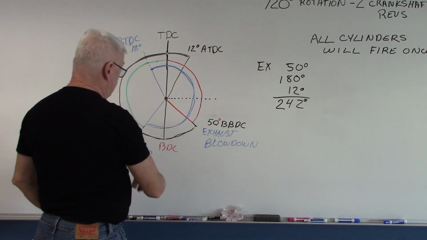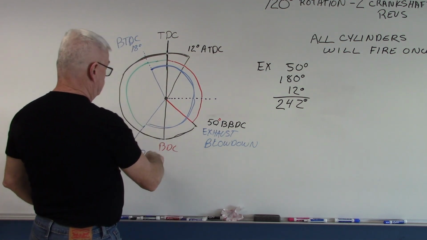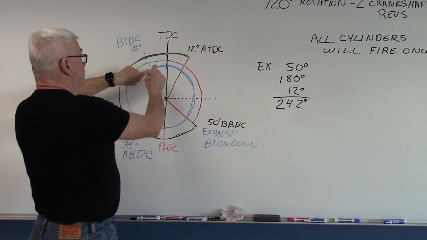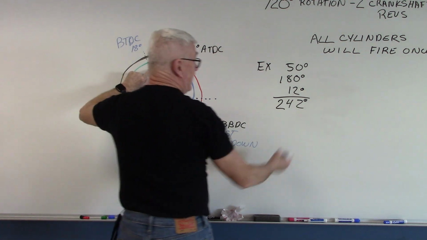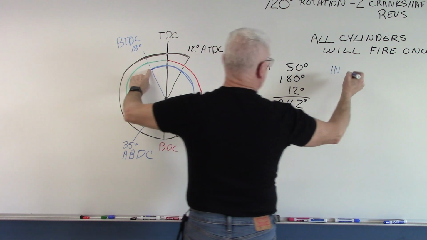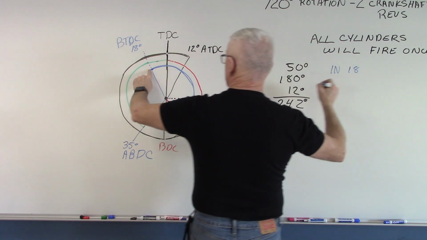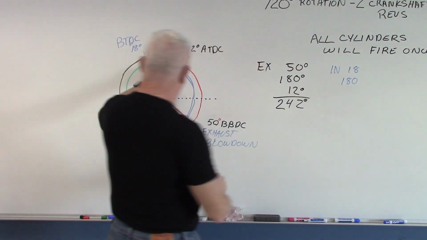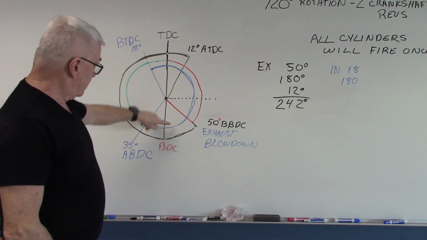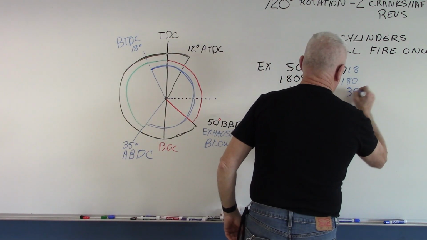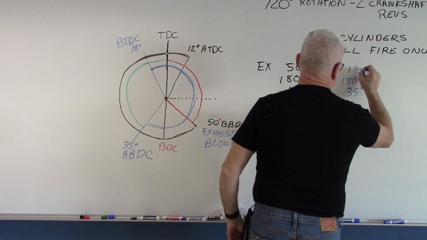For the intake stroke, we're going to start with the blue line. The blue line starts from here, and again, it is additive. It's going to be 18 degrees plus 180 degrees from here to here, and then we're going to have 35 degrees after bottom dead center.